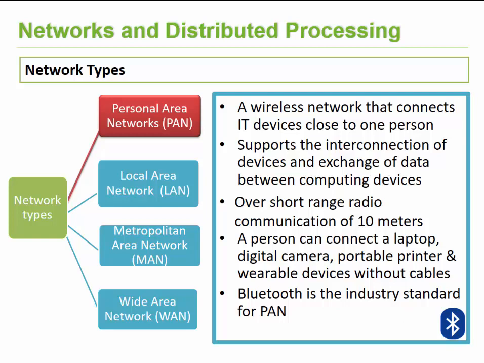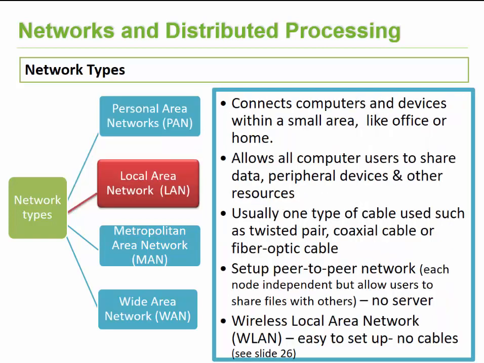The next network type that we have is known as local area network. And again, this is typically what you would find in libraries, offices and computer laboratories. So this will connect computers and devices in a relatively small area. It allows users to share data, any computer devices and other resources, and typically we find that it uses guided media in the form of twisted pair, coaxial cables or even fiber optic cables.